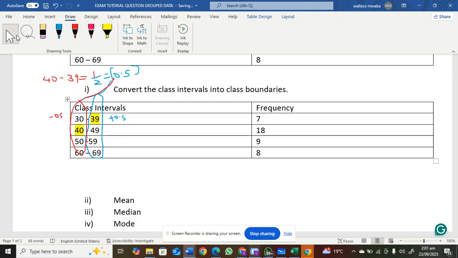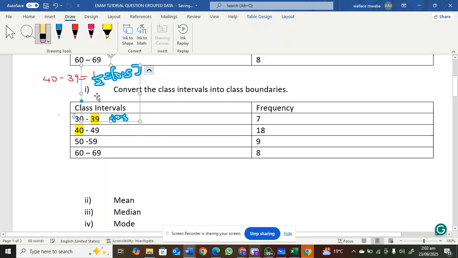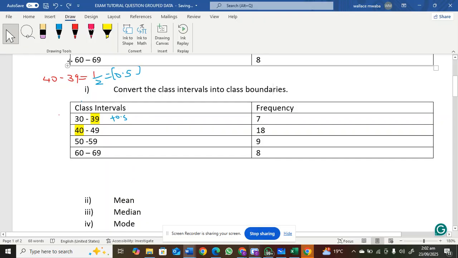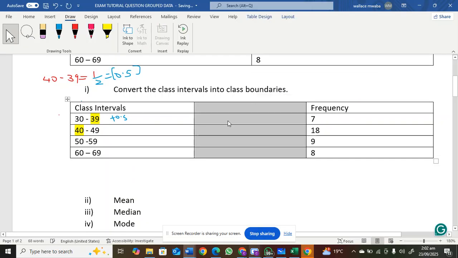Okay, so let's do that. So we start 30 minus 0.5, we get 29.5. 40 minus 0.5, we get 39.5.